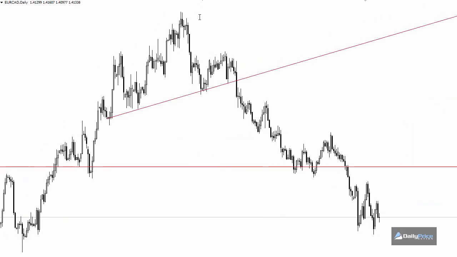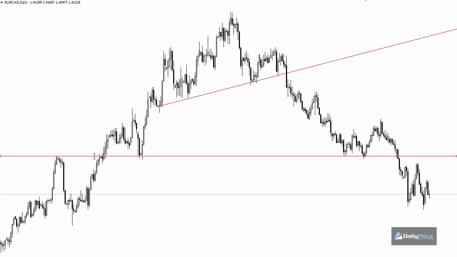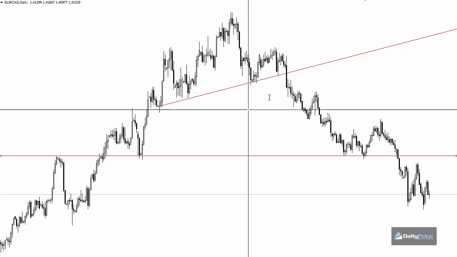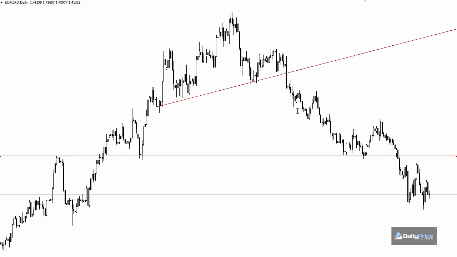Now, once I zoom out here, I can see that this area is really close to this price action level. It's actually about 50 or 60 pips away from that measured move. So this actually would be a great target, and sure enough, this is where the market found support.